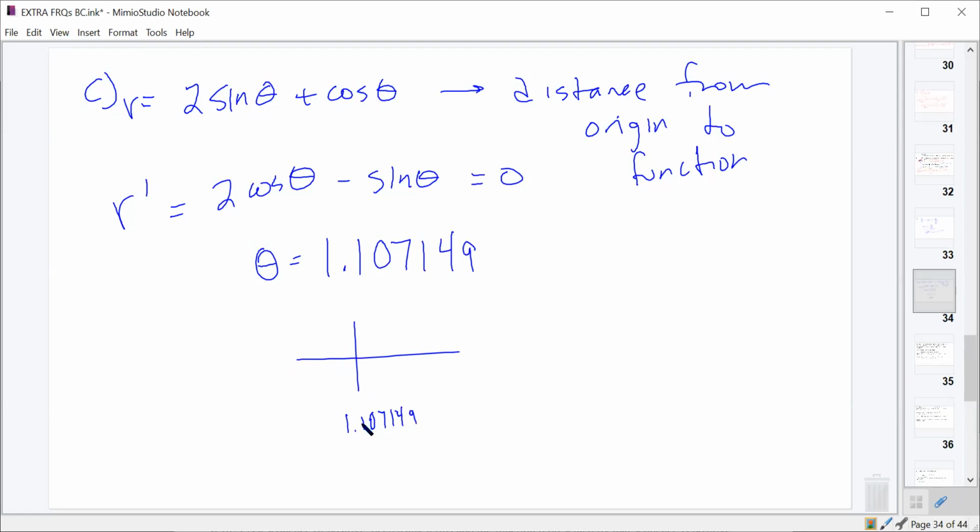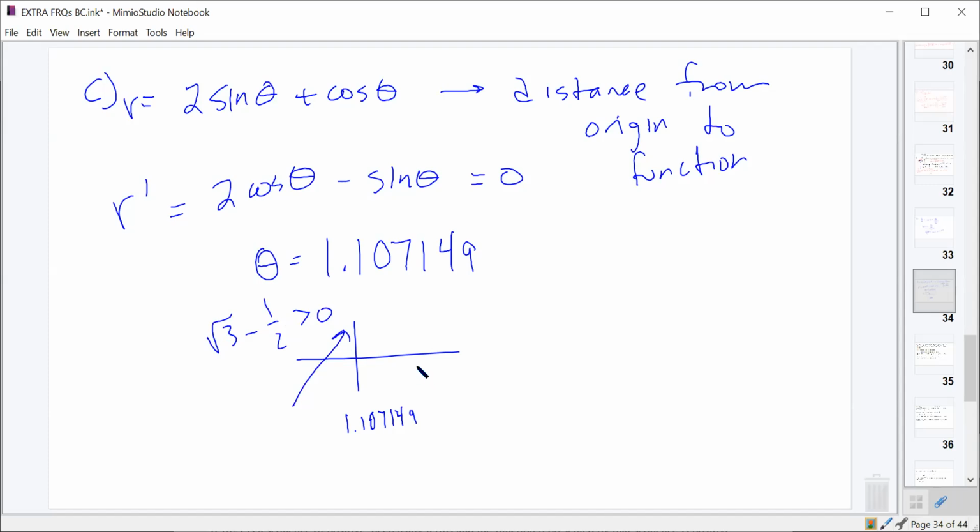Pi over 6 is definitely less than 1.107. Plug that in. The cosine of pi over 6 is root 3 over 2. So this becomes root 3 minus a half. Well, the square root of 3 minus a half is definitely positive. So we're increasing to this point. And then we'll check and make sure that we're decreasing afterwards.